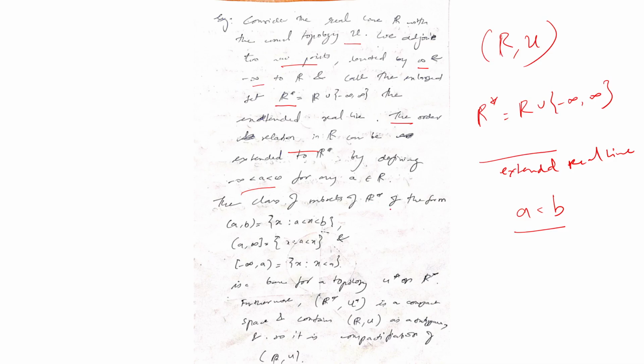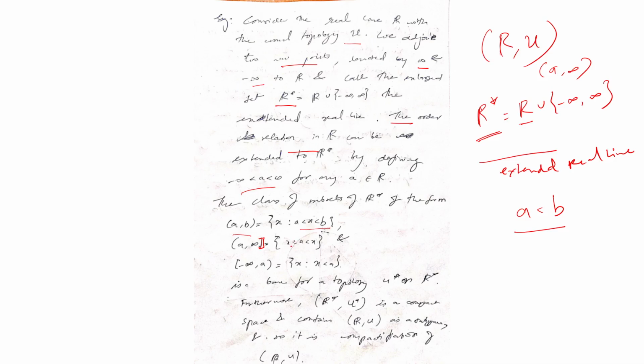So what are the kinds of subsets of R star? It can be an open interval A comma B, containing all the elements X in between A and B. Or open at A and closed at infinity. Why are we writing closed at infinity? Because we are including the point infinity in our R star. In R it is not there, so generally we write it open. But here, in the extended real line, we are including this point, so we write it as closed.